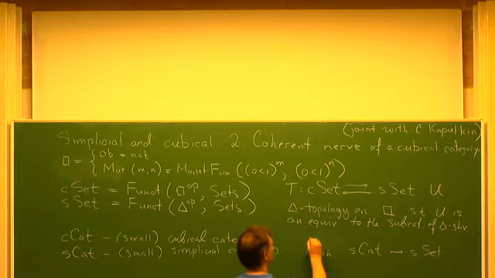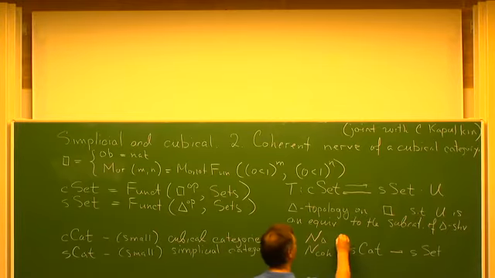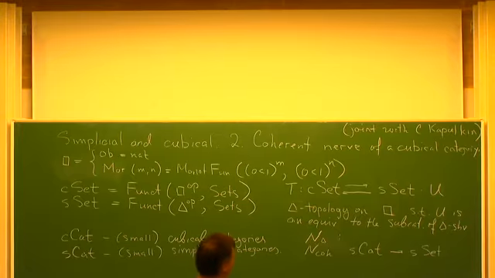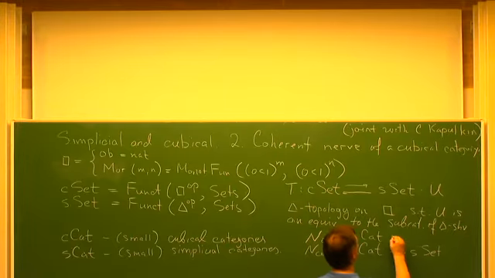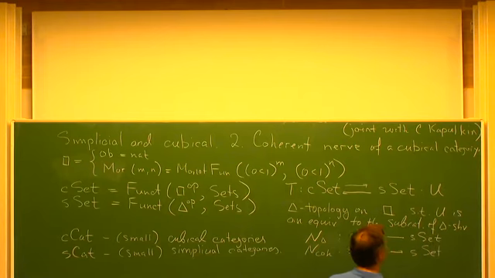And we are going to describe and discuss something called simplicial nerve, for the lack of better term, from cubical categories to the category of simplicial sets, and the relationship between the two.